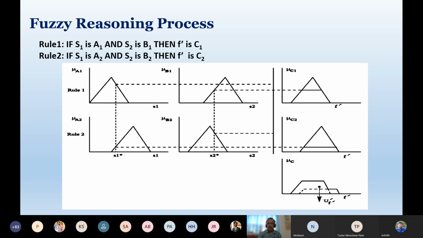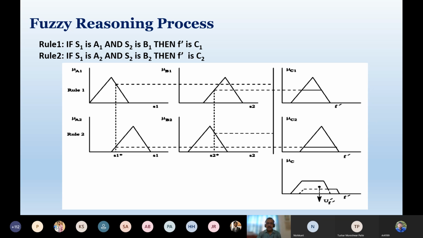Now to find out the combined control action considering both the fired rules, these two areas are superimposed. Mathematically speaking, we are going to implement the OR operation, that is a logical OR operation, and that is nothing but the union.